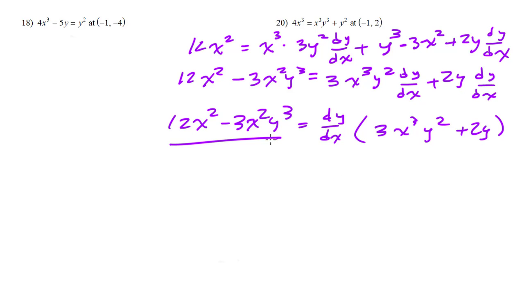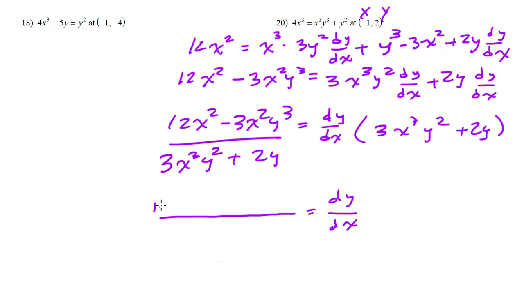And then divide both sides by that. 3x cubed y squared plus 2y. And here, x is going to be -1 and y is going to be 2. So we want to evaluate this derivative, putting in those values for x and y. So for x, we are going to put in -1.